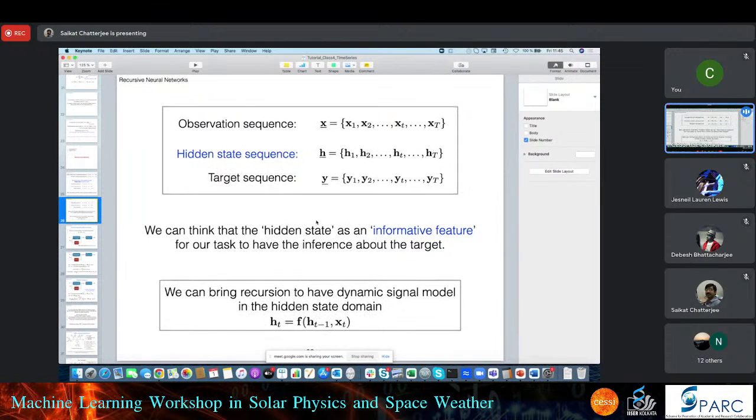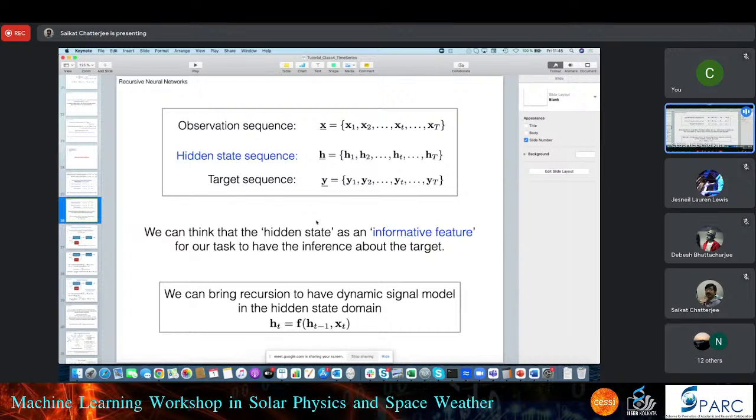So now I also want a recursive system, right? Because being a dynamical system, I typically want a recursive system. So we can bring recursion to have a dynamical signal model in the hidden state domain, not in the X domain. How?